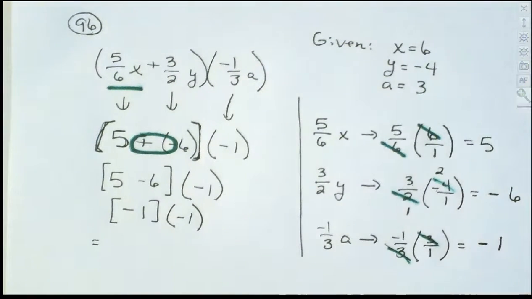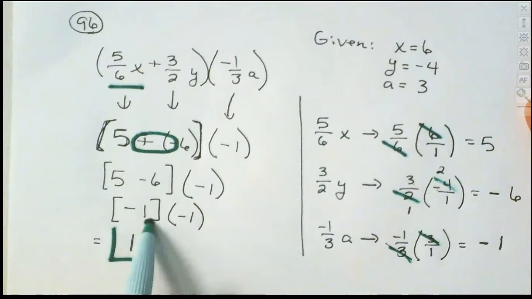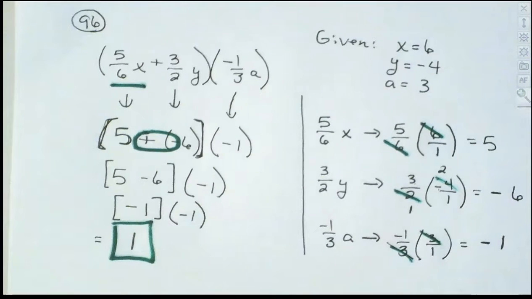We have a -1 times a -1. And a negative times a negative makes it then a what? +1. So your final finished answer is going to be a 1. So I know that one was a little bit of time to go through, but it really wasn't that difficult. It was just a matter of watching the signs.